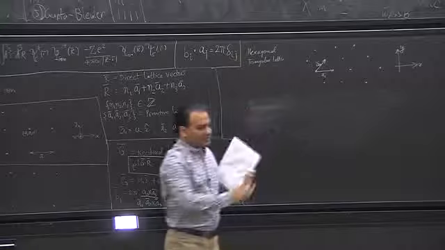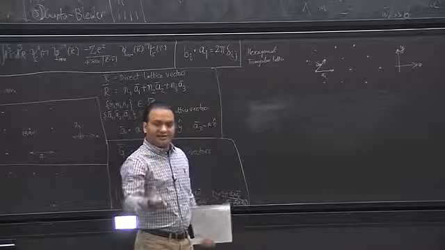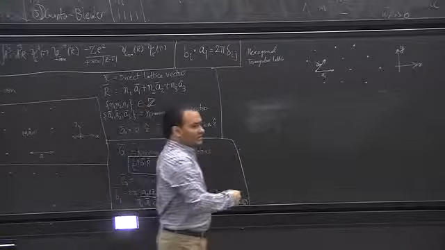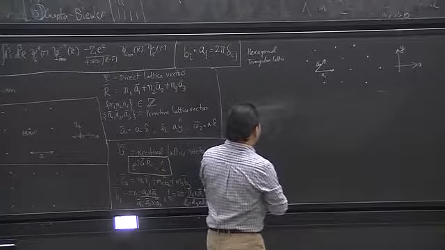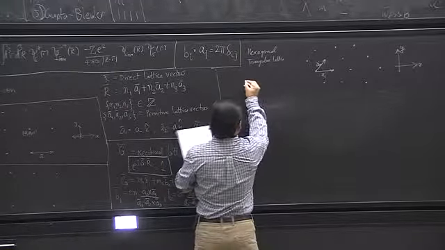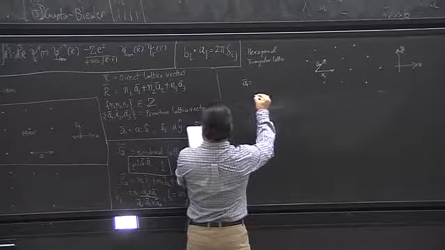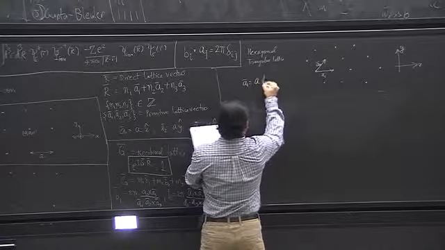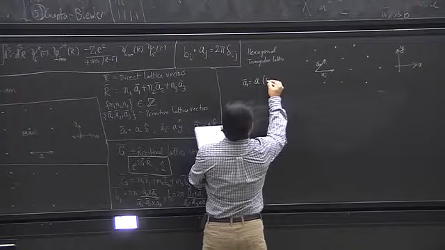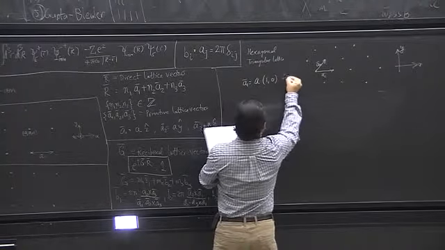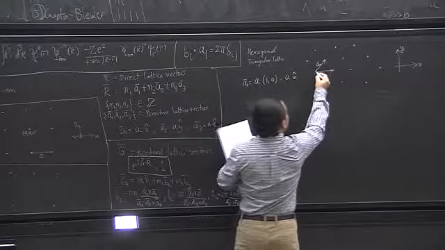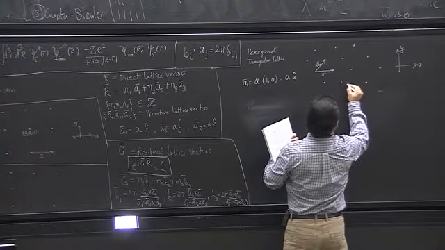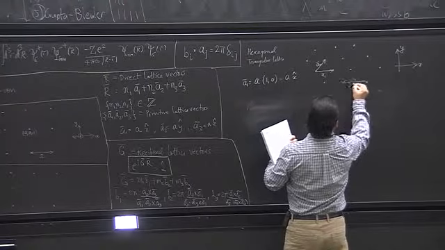We are doing these simple examples just so you gain some insight and it will help us a lot in what is coming next. So this A1 vector can be written as A times (1, 0) or A x hat, where A is this distance. So the distance between 2 points is A.